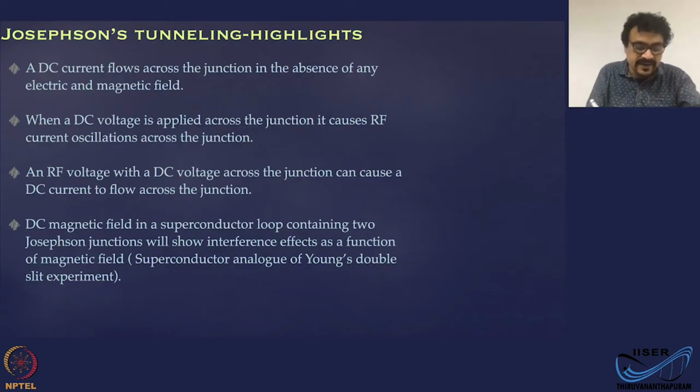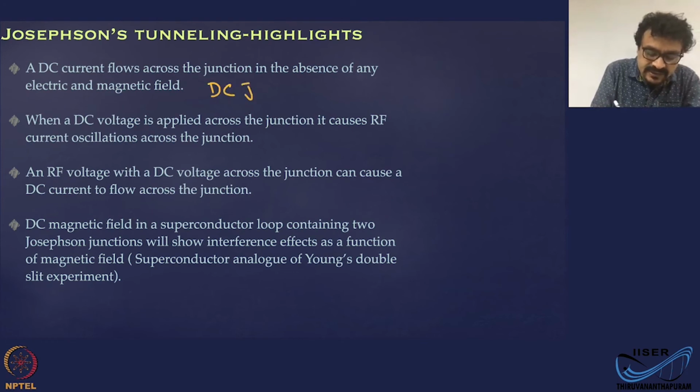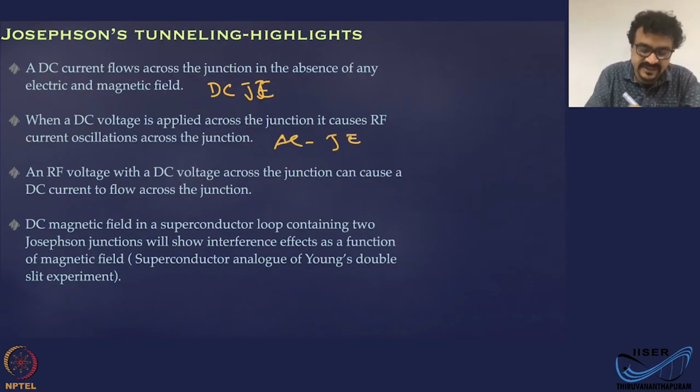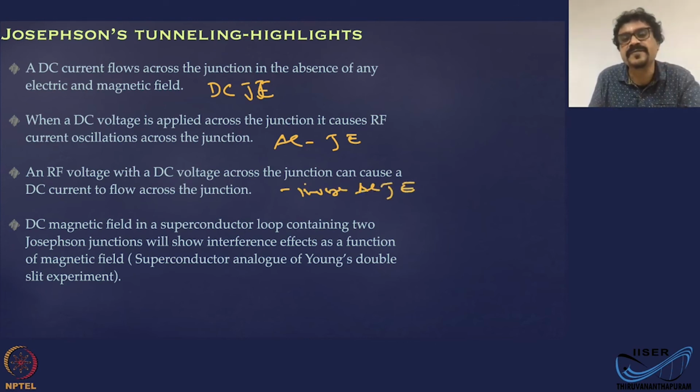So just to identify these, this is called the DC Josephson effect. This is called the AC Josephson effect, and this is called the inverse AC Josephson effect.